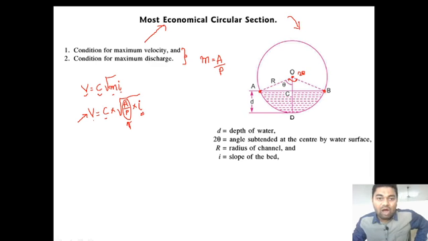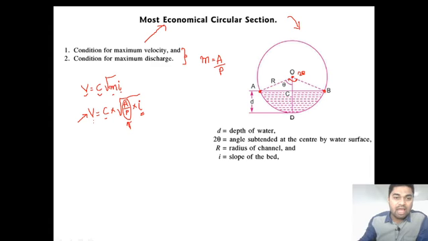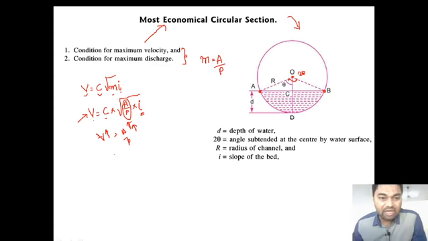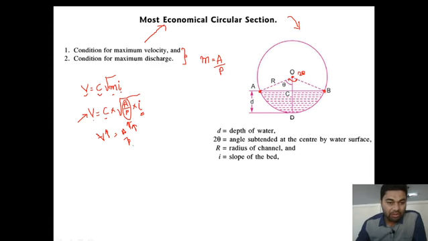If I and C are constant, the velocity of flow V increases with increase in the value of A by P, keeping Chezy's constant and slope of the bed I constant.